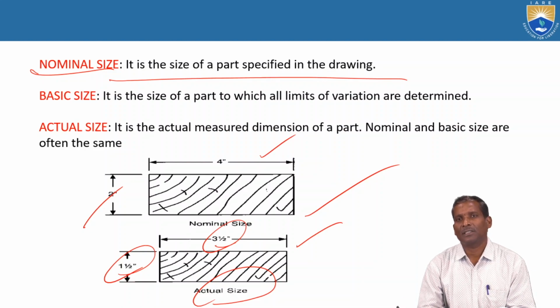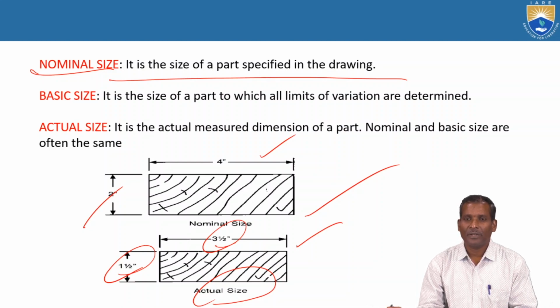But in actual manufacturing, it gives 3.5 and 1.5. These dimensions are called actual size. That is why we should use tolerance and give some tolerance zone.